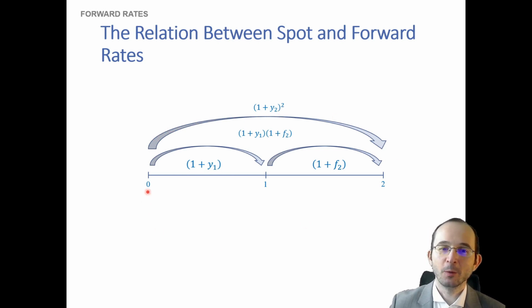Or we can first lend at the spot 1-year rate till the end of year 1, and then we can reinvest and lend at the forward rate that will occur through year 2, beginning in year 1, ending in year 2. What is going to be our total return on that investment?